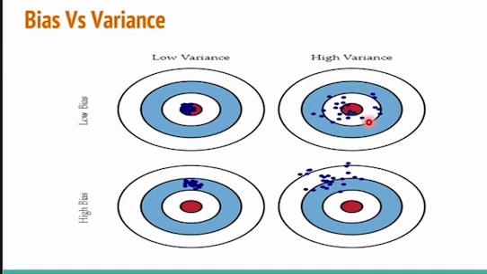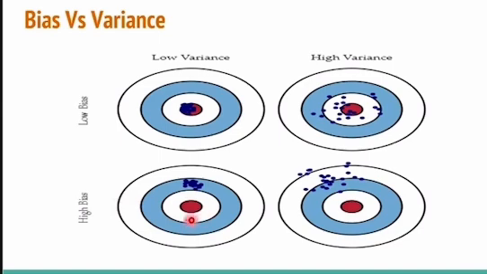Overfitting means your model will perform excellently on training data, but will perform poorly on unseen data. Why? Because your model has memorized noise as well. Your model memorized the training data, and also the noise. That doesn't make sense.